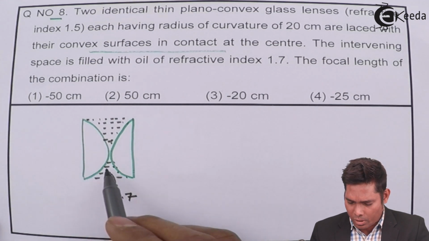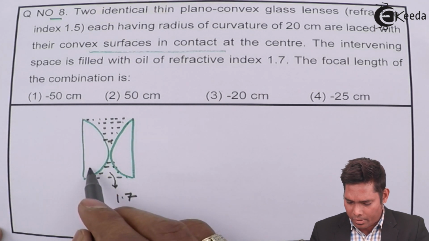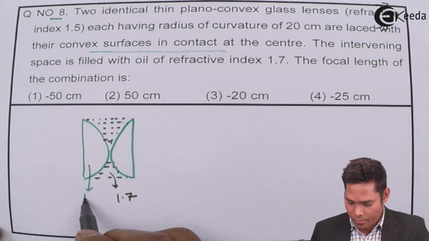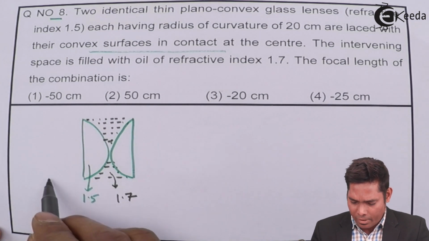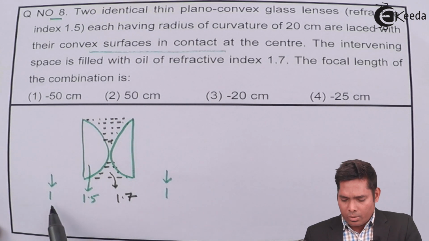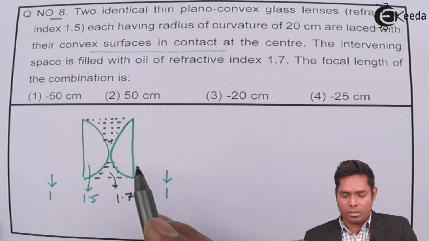This is having refractive index of 1.5. Outside it is air, so refractive index is 1. Here also it is 1. This is for air, refractive index 1. This is for glass. This is for the liquid that is kept in between.